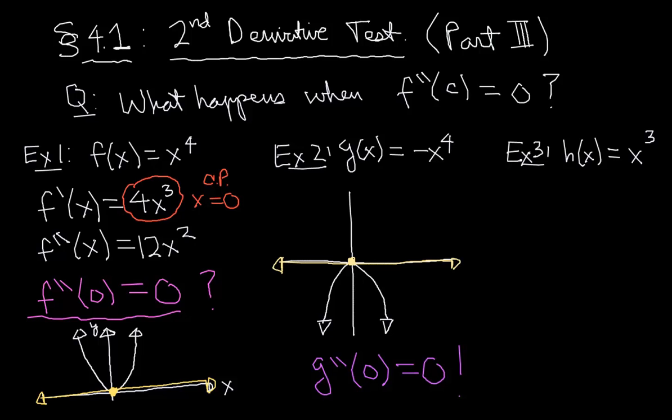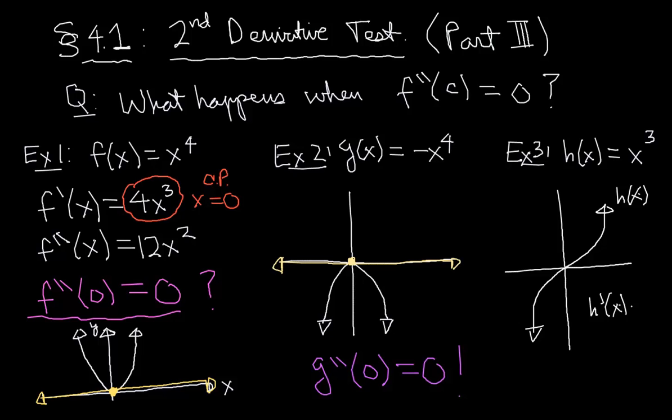And finally, in the last example, x cubed, we know the graph looks like this. If you take the first derivative, we're going to get the critical point to be x equals 0 again, because the first derivative is just 3x squared.